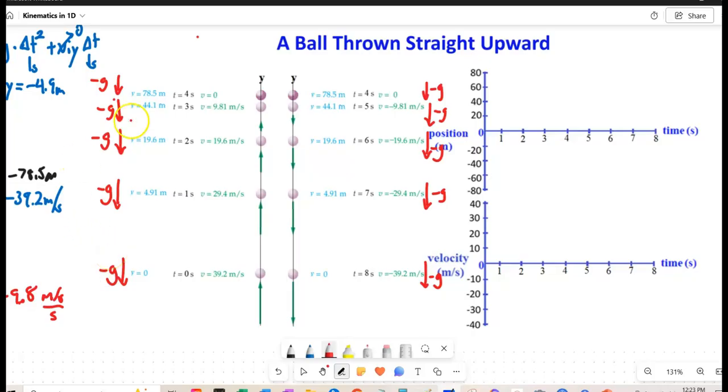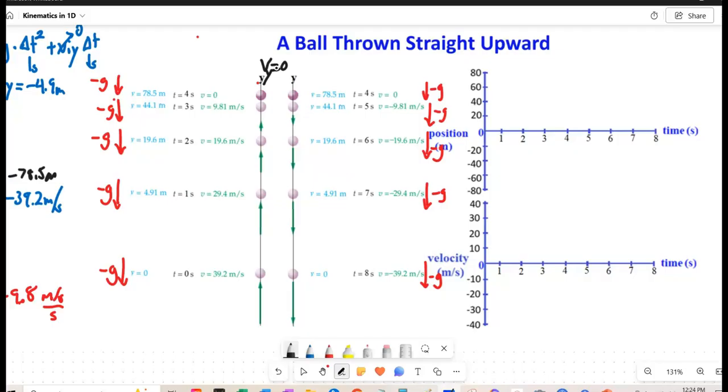Okay, so it's really interesting that when you throw something up, it slows to a stop, and then its velocity at the top is equal to 0. And then it's turning around and speeding back up as it's moving downwards. So what we could say about anything thrown in a gravitational field, when it reaches its maximum height, its velocity in the y direction, not necessarily the x direction, is 0.